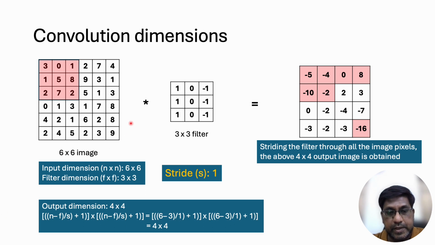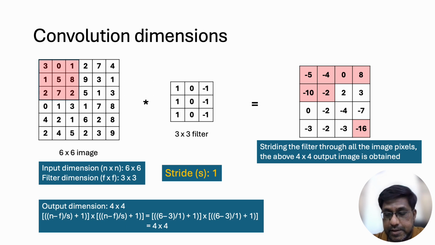So to begin with, we have seen how performing a convolution operation reduces the dimensions of the data. So a 6x6 input image after convolution has become a 4x4 output image. And in this case, we had used a stride value of 1.